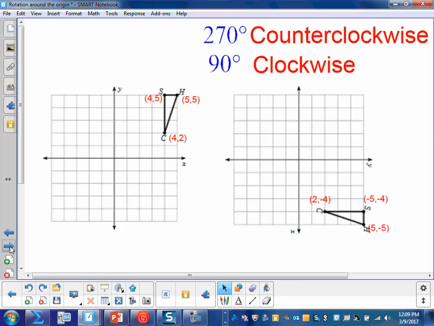So let's look at what that looks like. So I started here and moved my paper 3 times, and I ended up in quadrant 4. Or I moved it once clockwise and ended up in quadrant 4. Again, I do that, move my paper, and then I'm easily able to identify the coordinates.